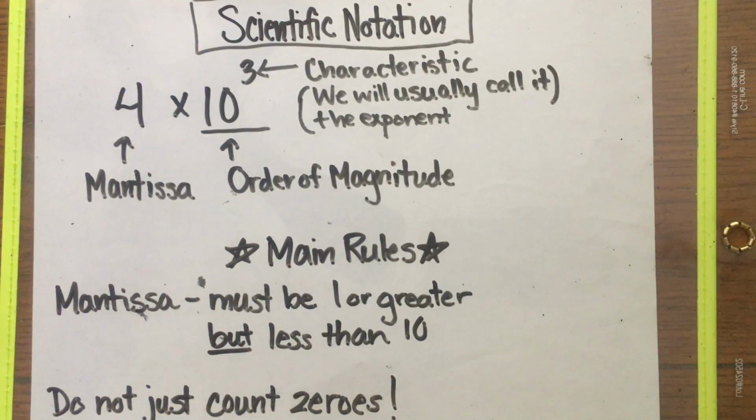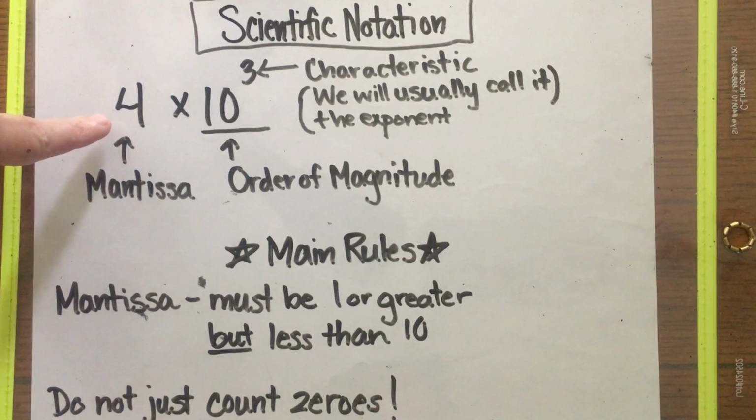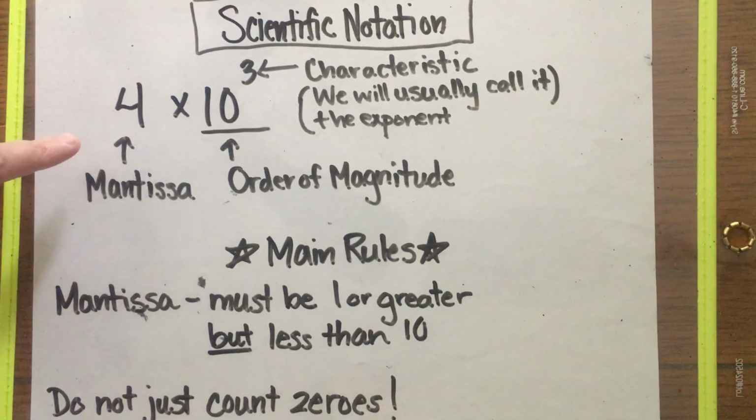And before we move forward, there's a couple main rules that we need to talk about. For our mantissa, in true scientific notation, our mantissa can be 1, it can be 1.5, and it can go all the way up to 9.9999999. It cannot be 10. It cannot be 200.